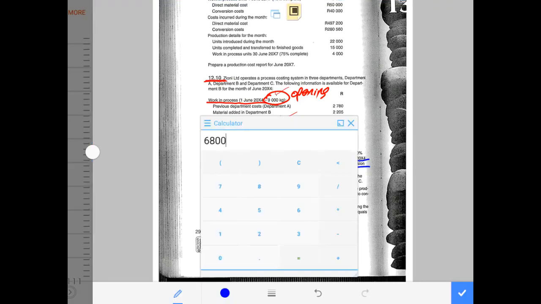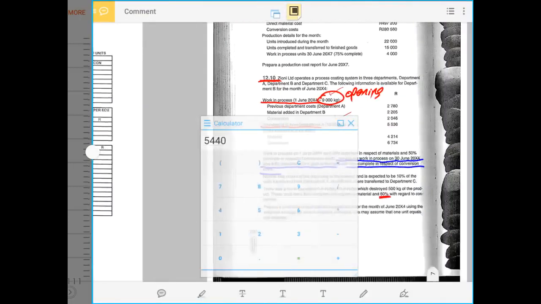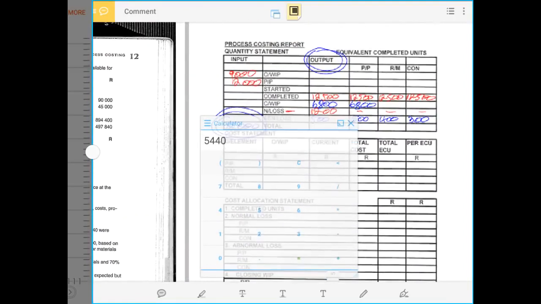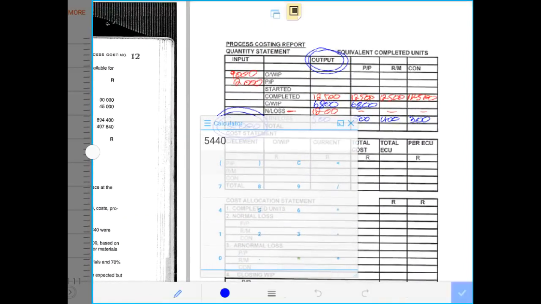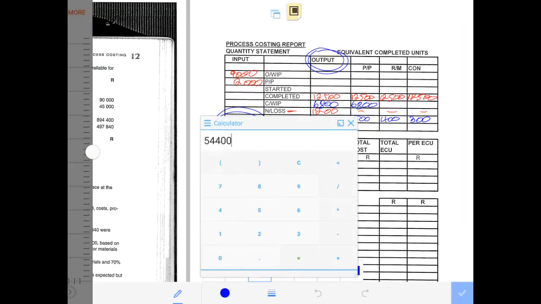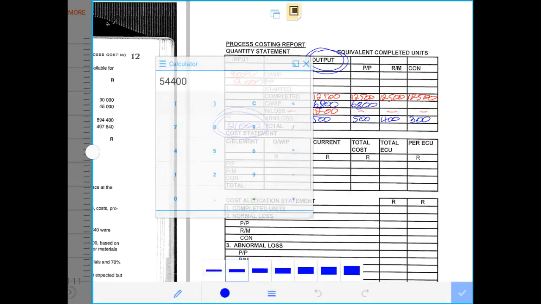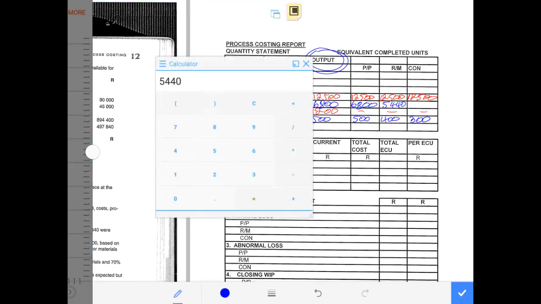So now the 6,800 times 80% will give us the total that will be allocated under the material column. So our closing will be recorded as 80%, which is 5,440. Then we record that, 5,440, under the material.